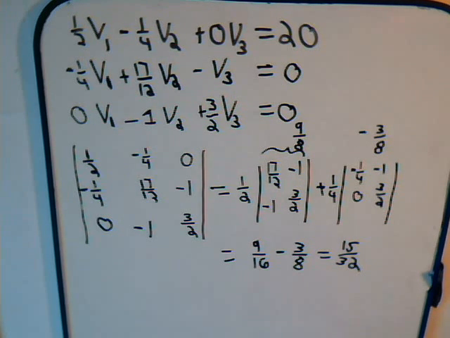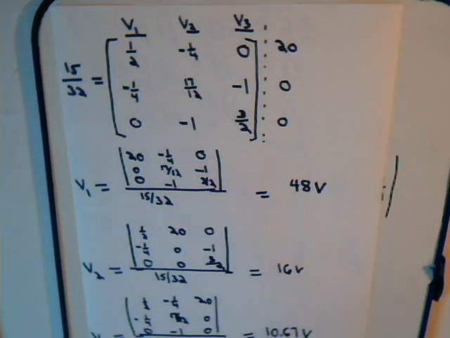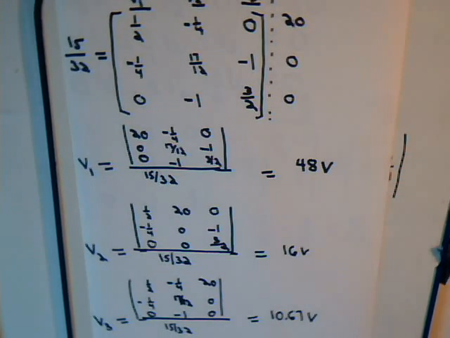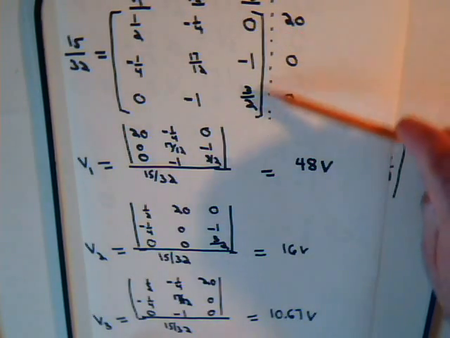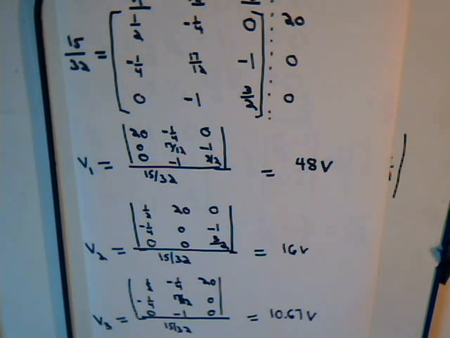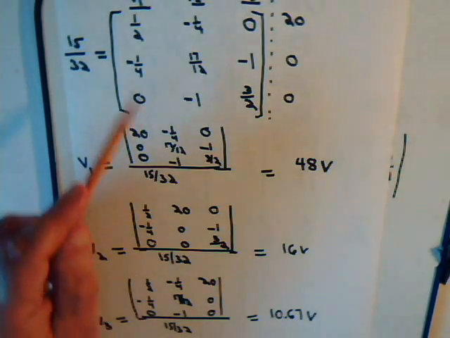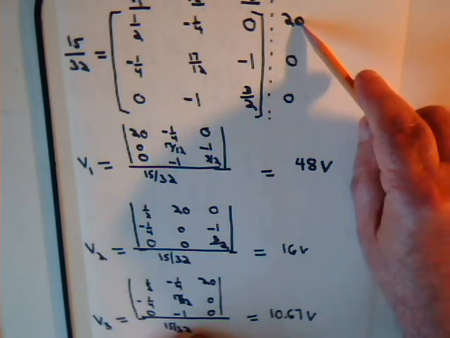Now, to determine the values for V1, V2, and V3, here's how that works out. Here is the 3 by 3 determinant, and we just determined its numerical value. It is 15 divided by 32. Now, to determine the value for V1, we form a different determinant. We replace this column by this column.